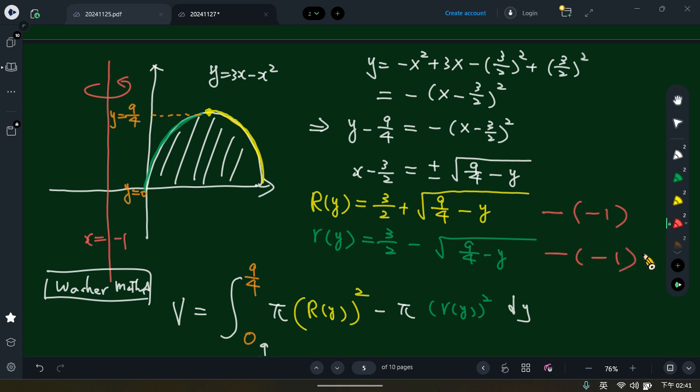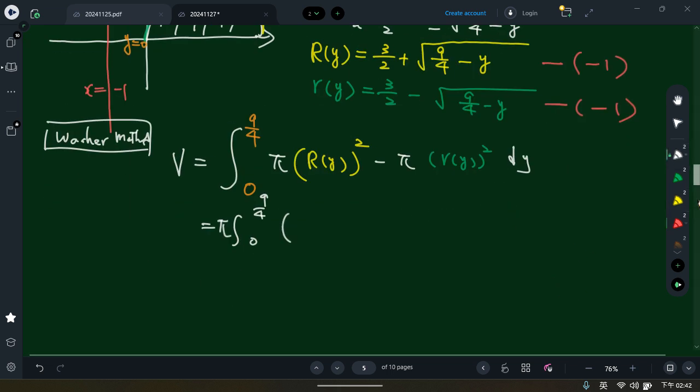Why? Because we will use the distance from the yellow curve to this rotation axis. So we need to minus -1. So remember to add this one, because the axis is not exactly y equal to 0, it is y equal to -1. So it will be this one.